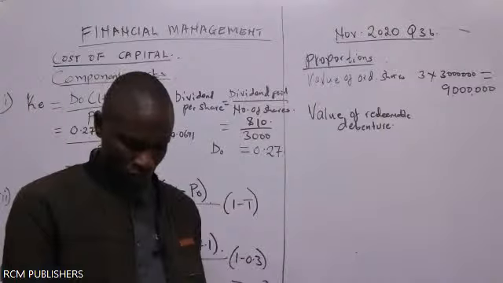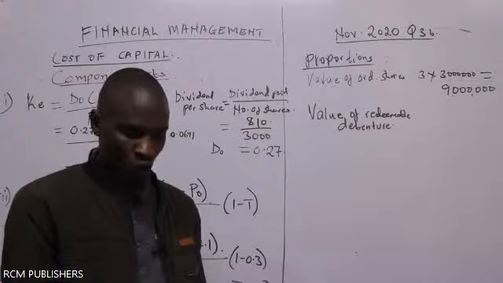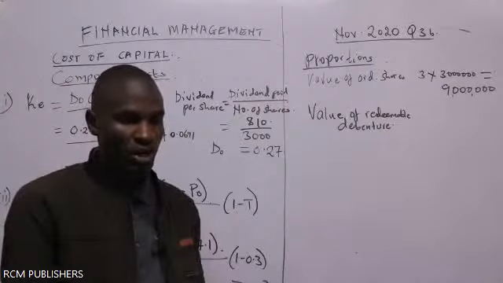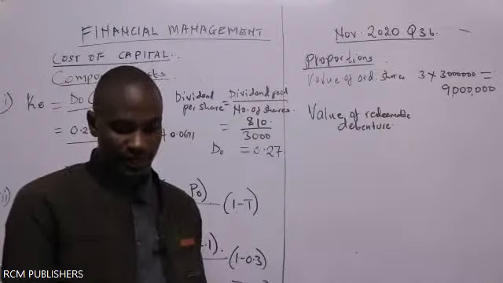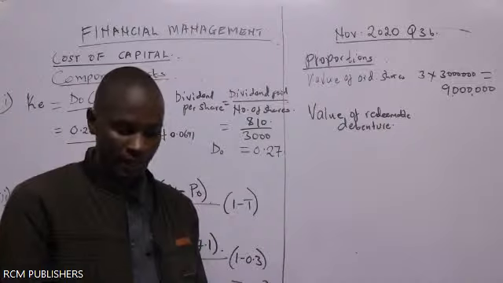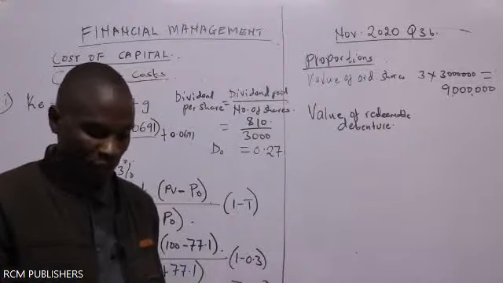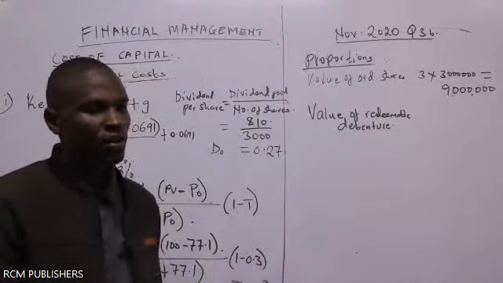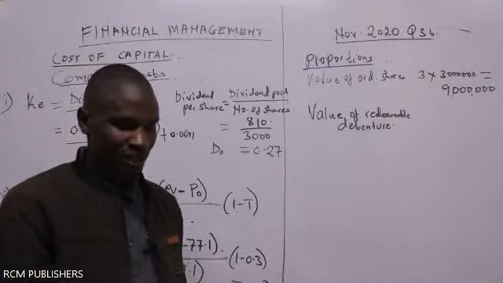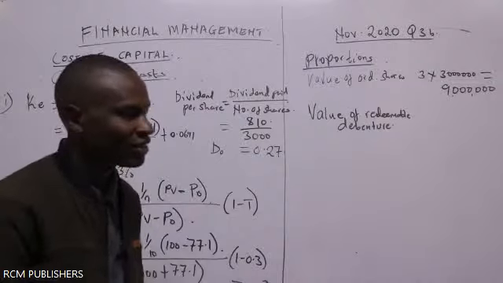Looking at the income statement and statement of financial position, I see the 7% bond. It was 1,300,000. And then the par value has changed, and we also have the market value of 77.1.